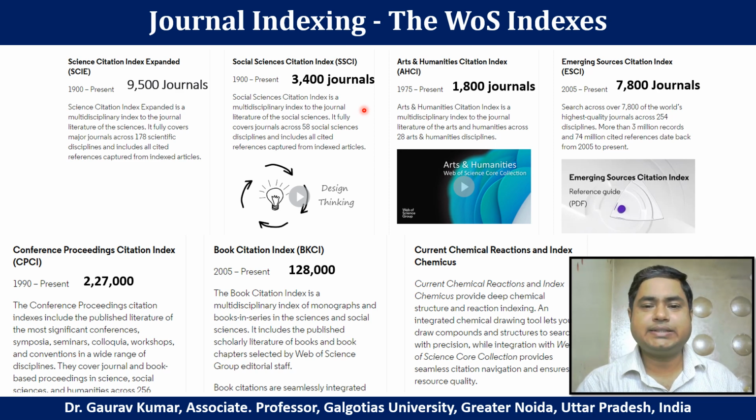Arts and Humanities Citation Index has 1,800 journals. The ESCI, that is Emerging Sources Citation Index, includes more than 7,000 journals in the indexing. The Conference Proceedings Citation Index has included more than 2 lakh conference proceedings. The Book Citation Index consists of more than 1 lakh books collection.